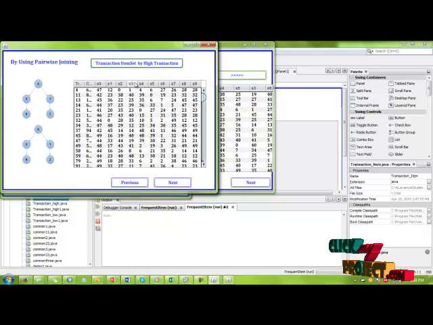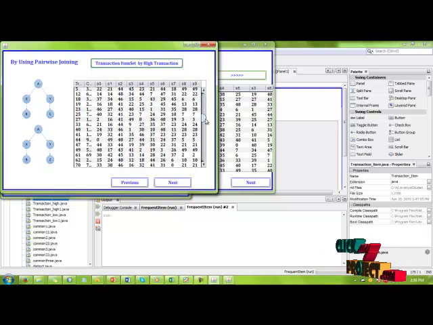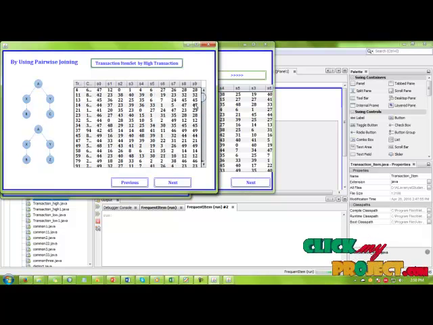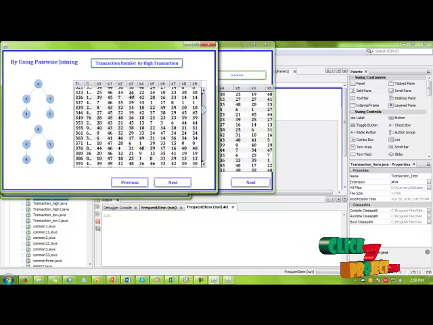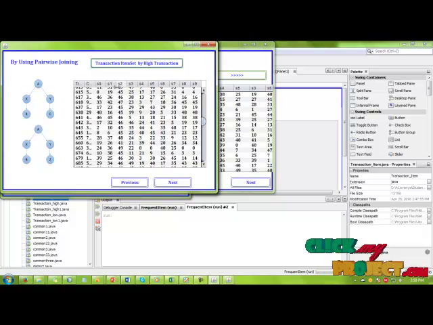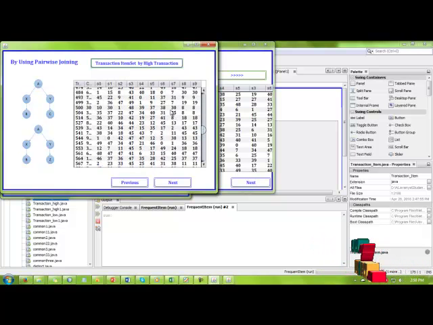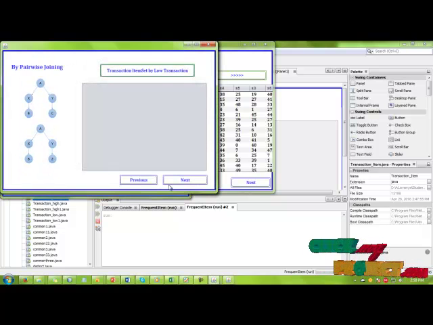Here we find out the high transaction item set, the high transaction for each item. Initially we find out for S0, and after that S1, and then S2, and then S3. Likewise we find out the high transaction for each product.